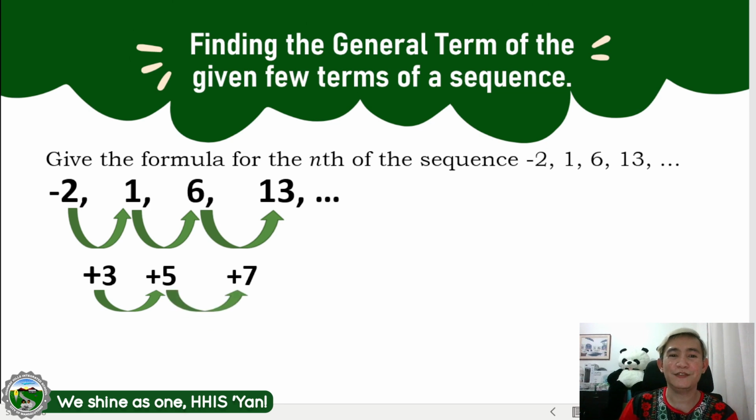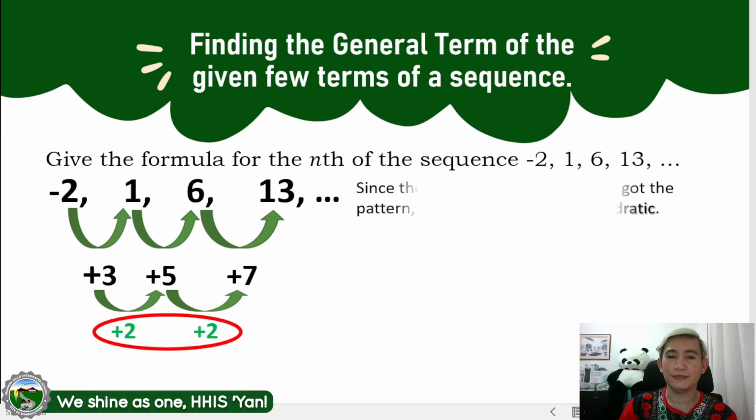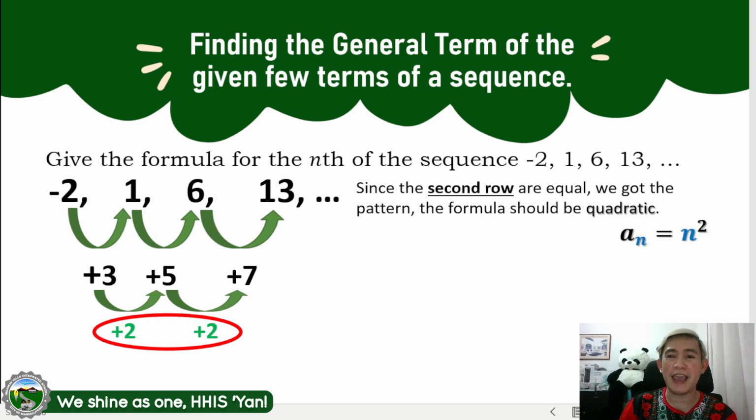So 3 becomes 5, we have to add 2, and 5 becomes 7, we have to add 2. So as you can see, we repeat adding 2 to each value of the term. Since the second row are equal, we got the pattern. So the formula should be quadratic. And the short way is by using a quadratic expression, and that is a sub n is equal to n squared.